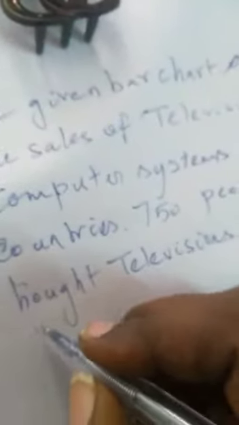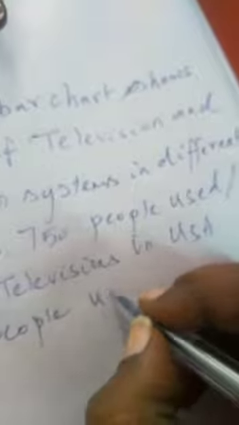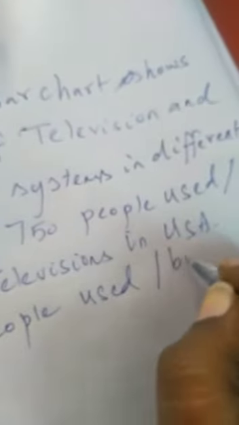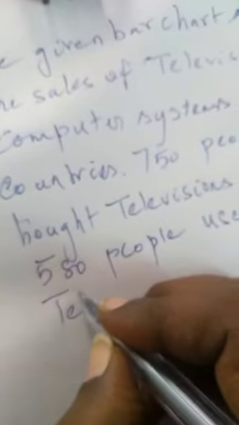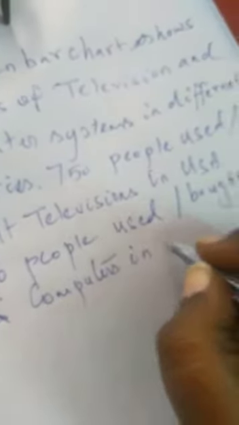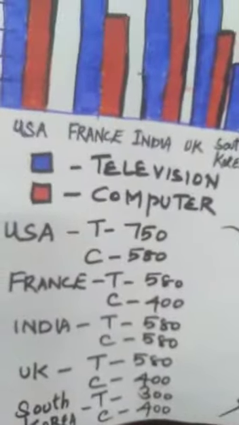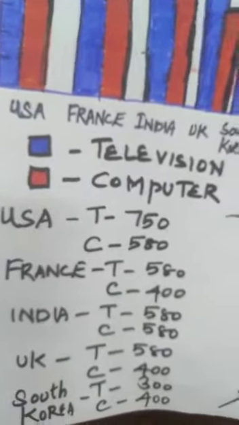So you can write here 580 people used or bought computers in USA. This is for the first statement. Remaining, the same sentence structure you can use and you can write the remaining sentences.